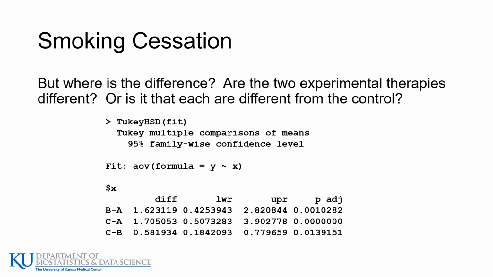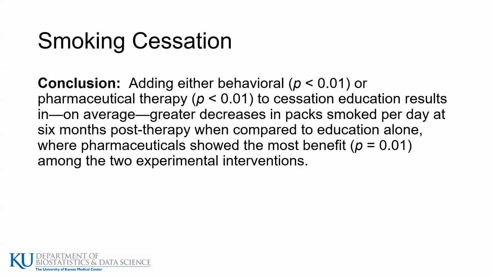So here we would conclude that because all the p-values are significant, adding either behavioral therapy or pharmaceutical therapy to education results on average in greater decreases in packs smoked per day when compared to just education.